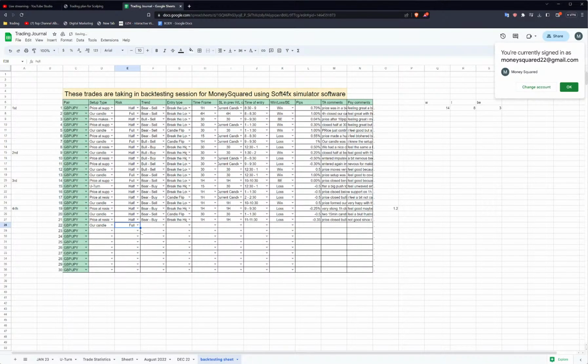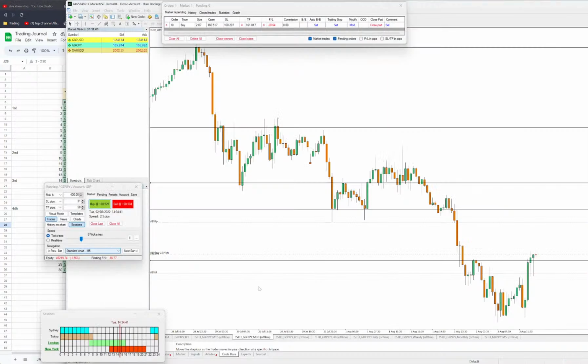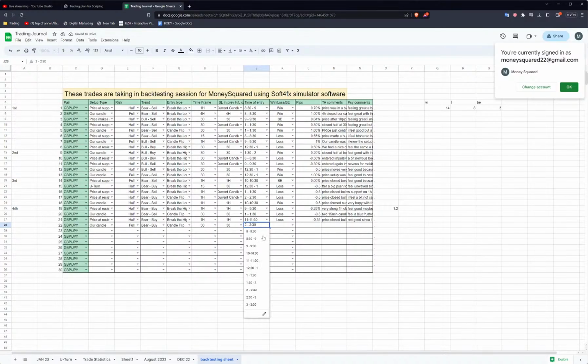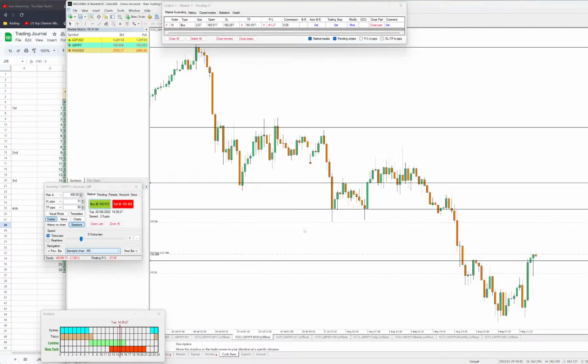Full risk buy. Candle flip 30-minute, previous 30-minute is 2, I think 230. Let's see if we get a loss or a win.